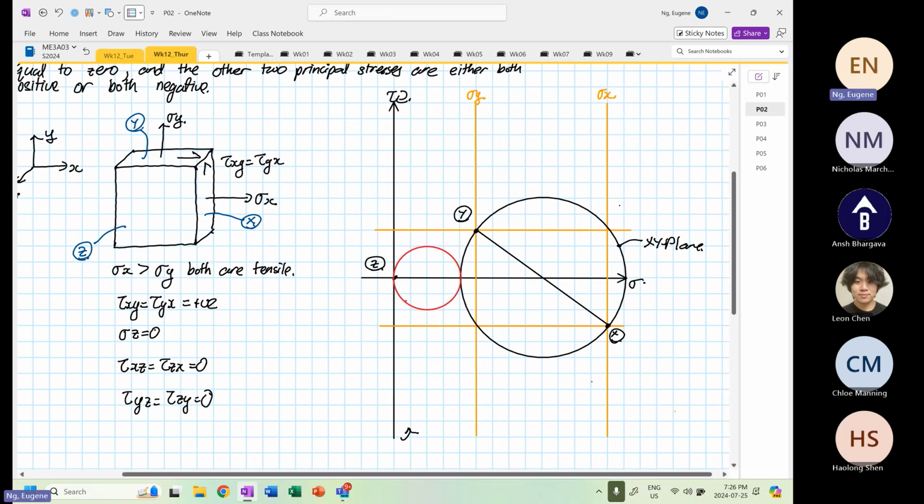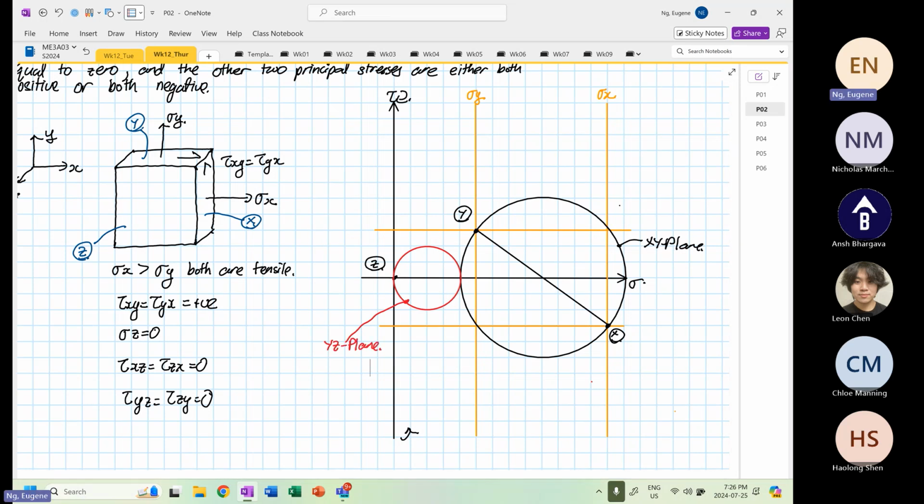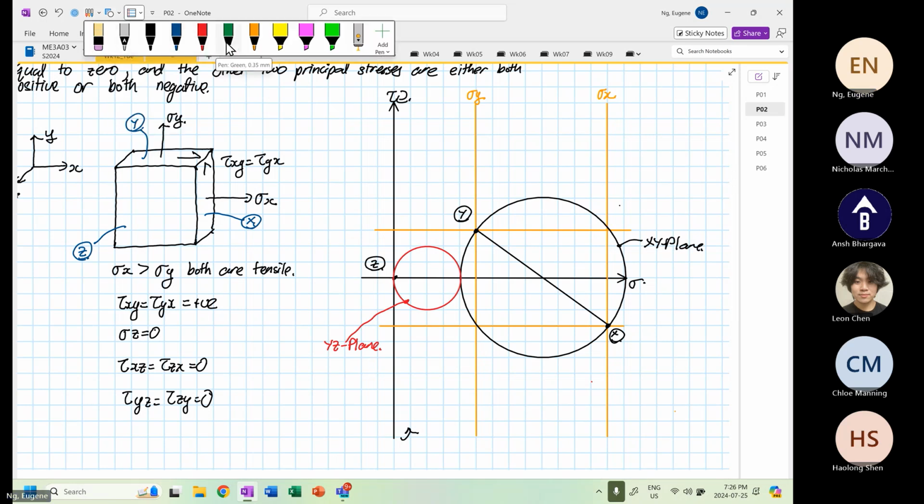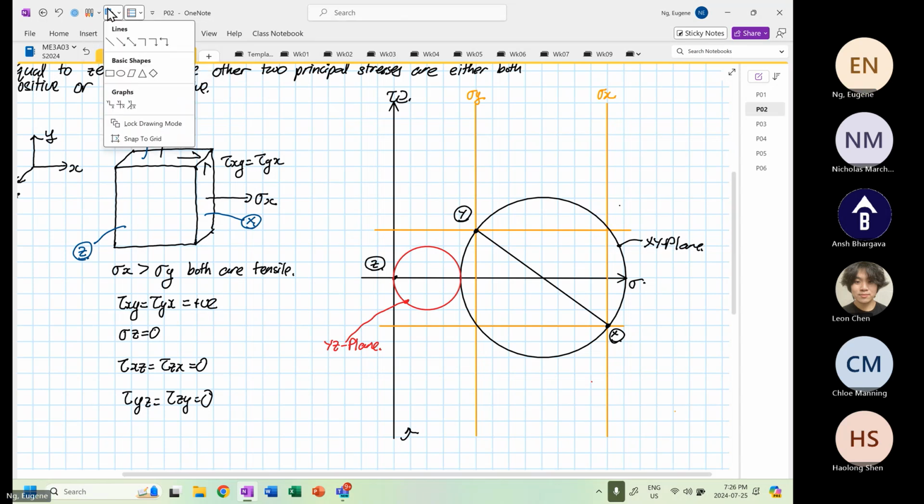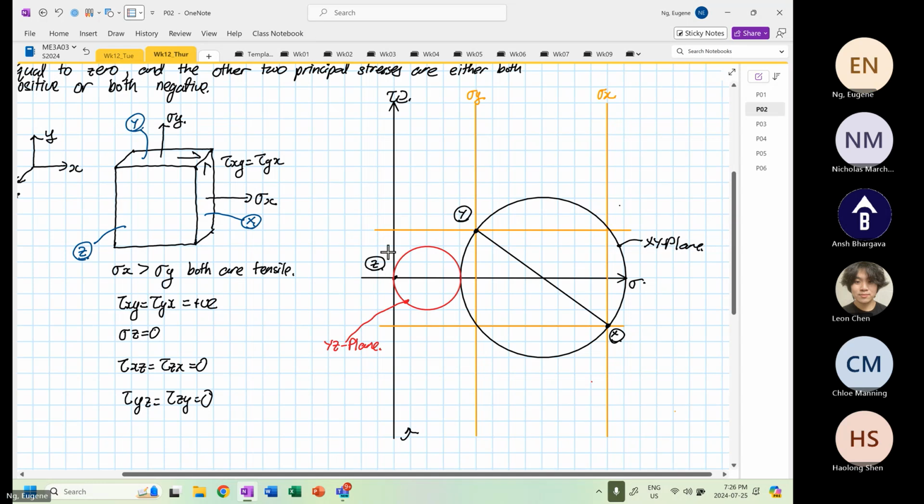And this belongs to our YZ plane. And then the last circle that I'm going to sketch, I'm going to use two there. So this is our last circle.